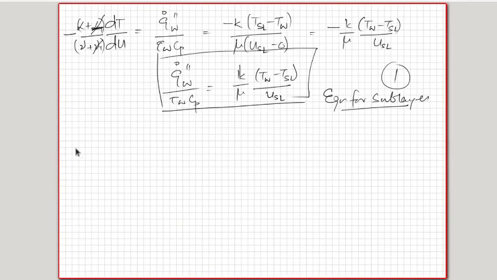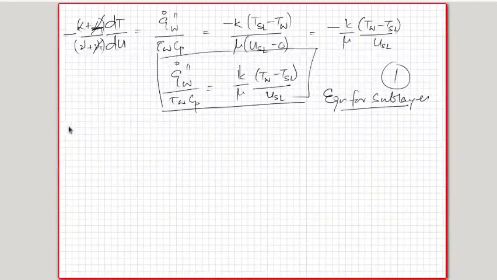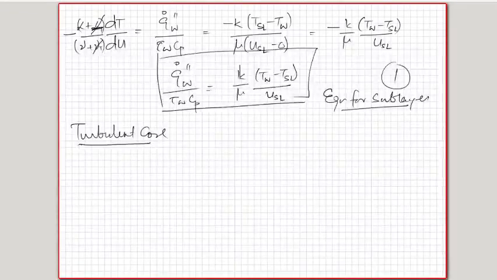Now the same thing we'll try to do for the turbulent core. In the turbulent core, we don't start with the governing equation, but we just write the expressions for the local heat flux and the local shear stress.